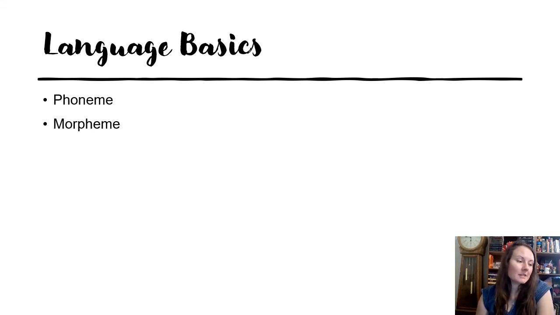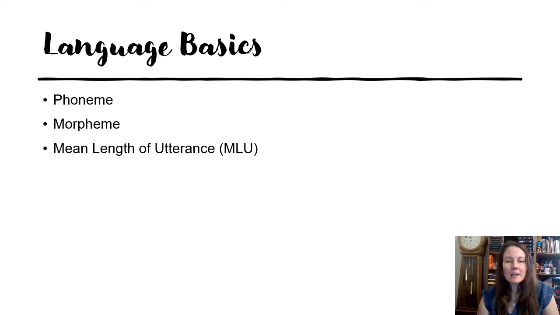That's what I do in this class, and I also do that in my statistics class, because sometimes it just makes sense to break down words into their morphemes so that we can remember them more freely. And then the mean length of utterance is the mean number of morphemes that a child uses in each sentence.